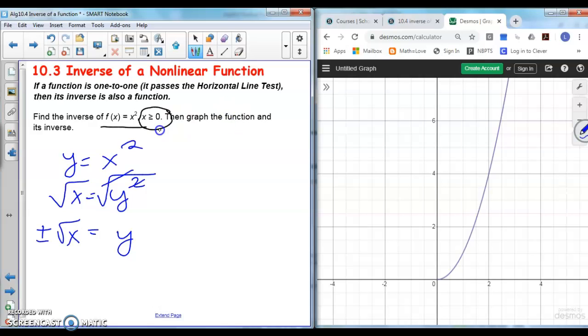However, since we want all the values of x to be positive only, we can now take out the negative part.